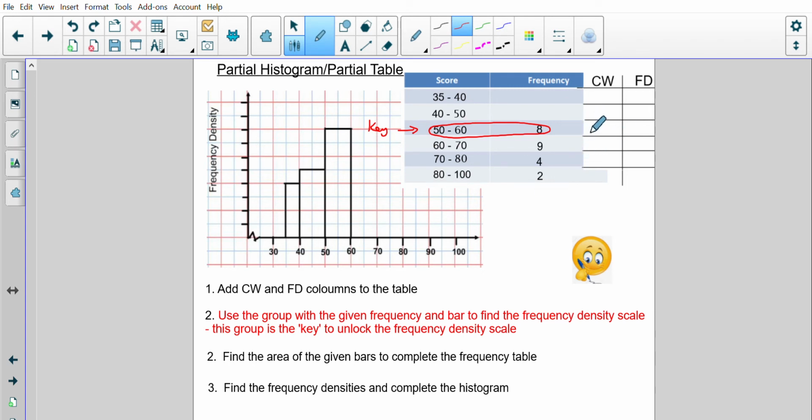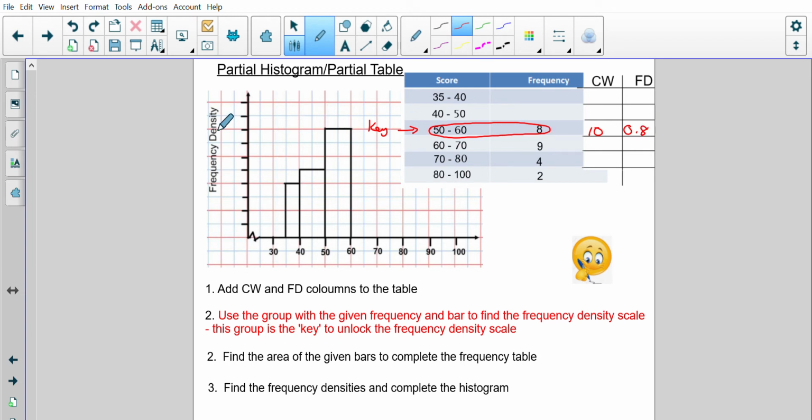So if we fill in the class width for this group, which is 10, we can work out our frequency density. Remember, frequency density is frequency divided by class width. So we've got a frequency of 8 divided by a class width of 10. So my frequency density is 0.8.